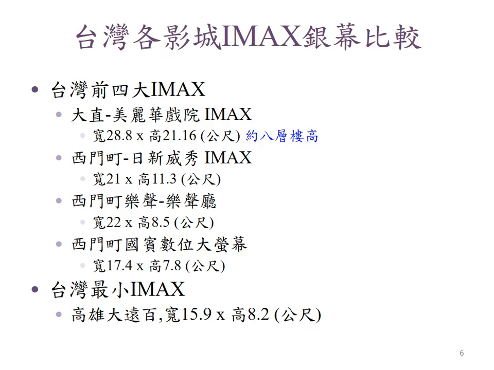When you're standing in front of the screen, you can tell the difference in how large the screen is. And the smallest IMAX is actually in Kaohsiung. Once you go to these theaters, you can tell the difference between the IMAX theaters.